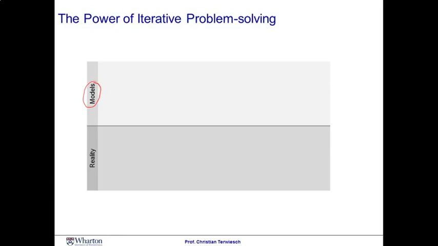They're hopefully good approximations, but they're still imperfect approximations of the underlying reality in the operations. Now, as academics, consultants, and managers, we are always at risk that the ideas that we come up with are just based on our thoughts and the models that we've generated in our brain, but they don't work in reality.